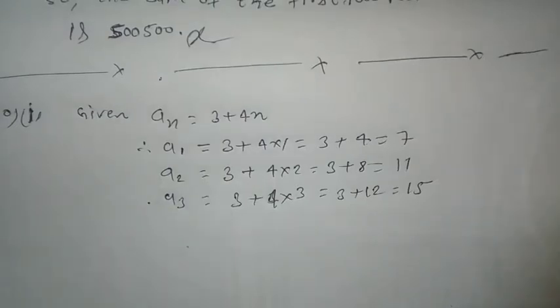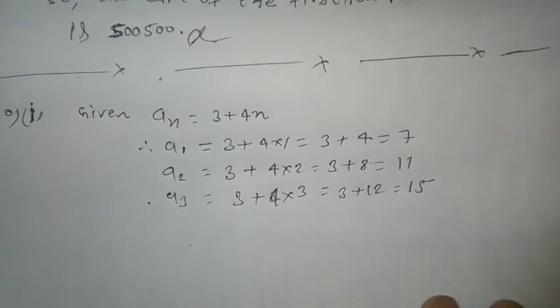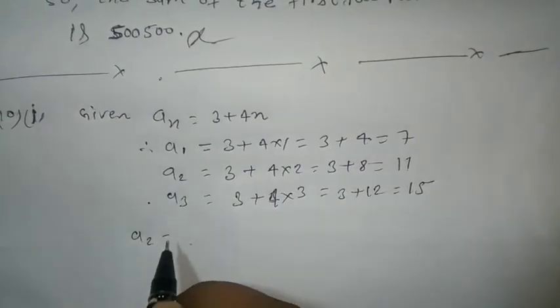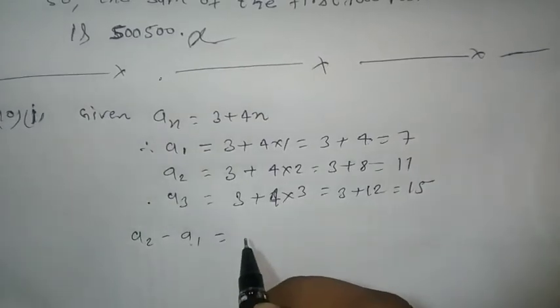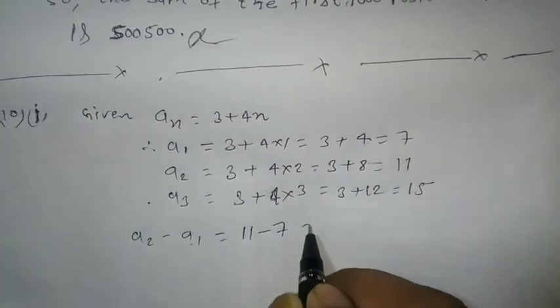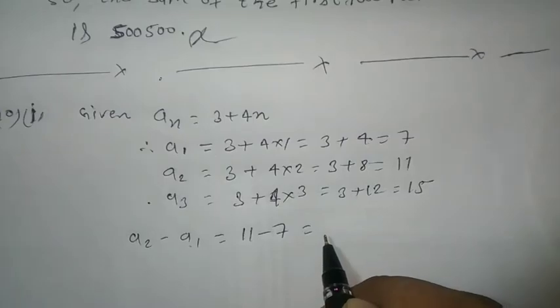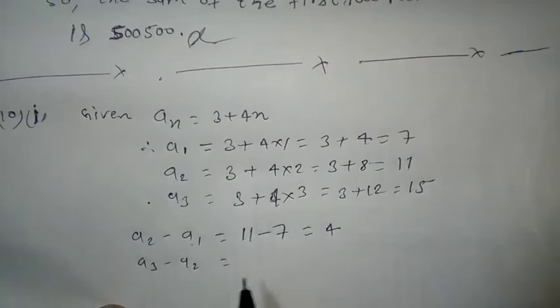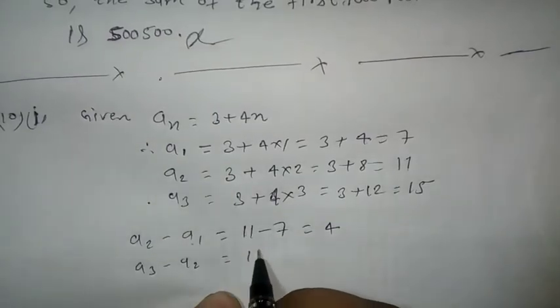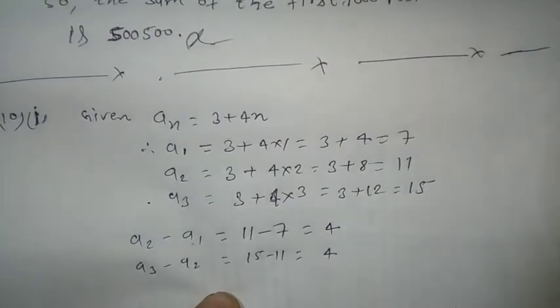We have to first show whether this is an AP or not. Now a2 minus a1 is equal to 11 minus 7, is equal to 4. a3 minus a2 is equal to 15 minus 11, is equal to 4.